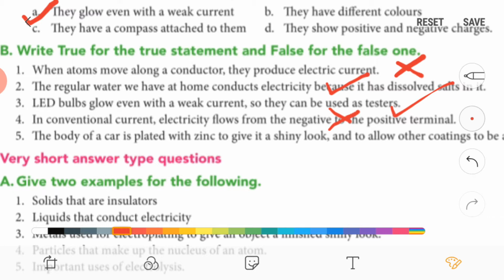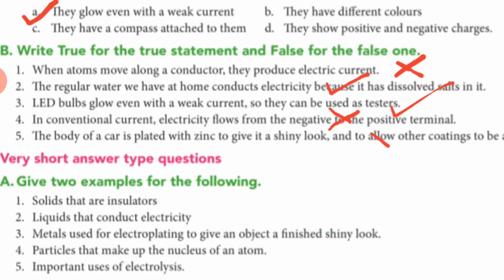Now fifth one, the body of a car is plated with zinc to give it a shiny look and to allow other coating to be applied. So it is false.